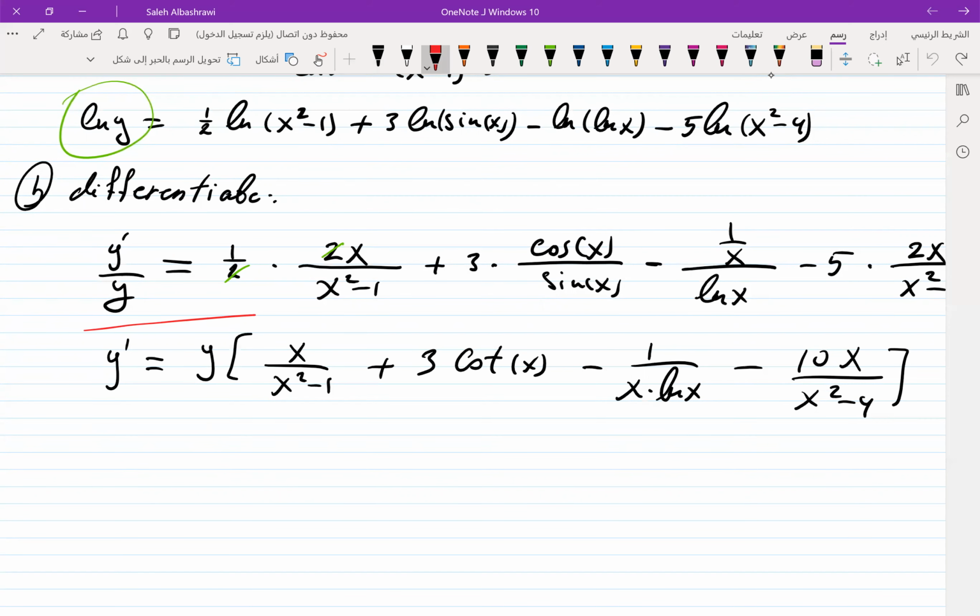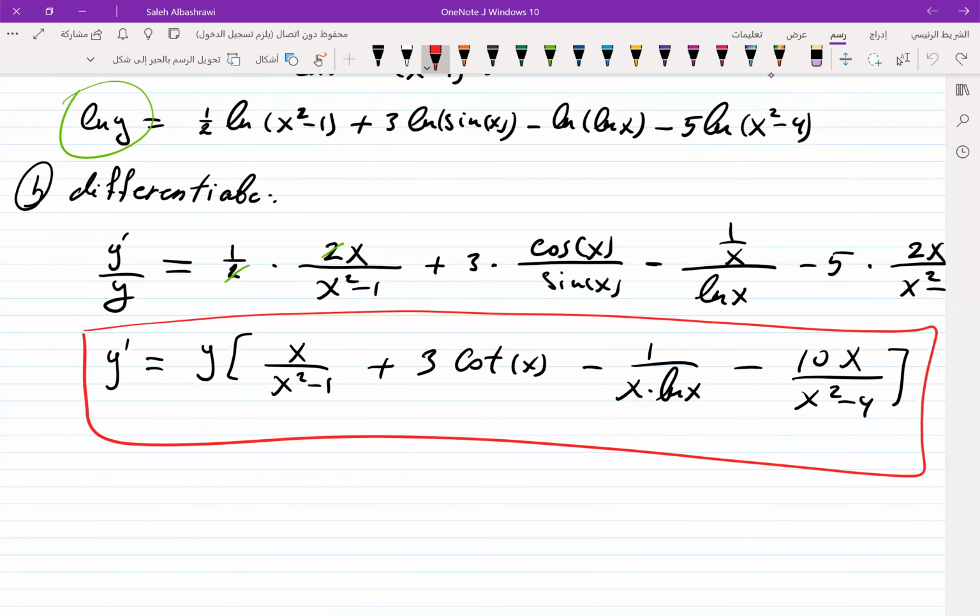And this is the derivative of the given function. So each time you have a very complicated function with product and division and power, take ln to make it easier, then you can differentiate. So take ln, simplify it and differentiate.